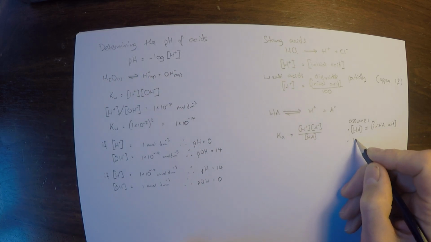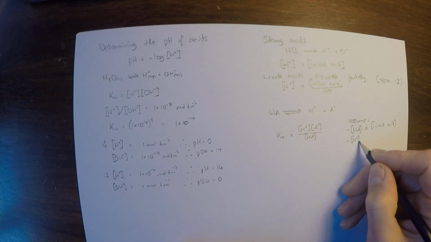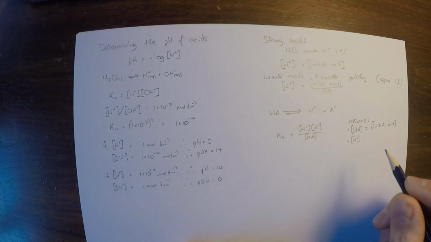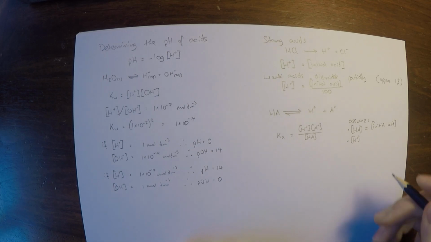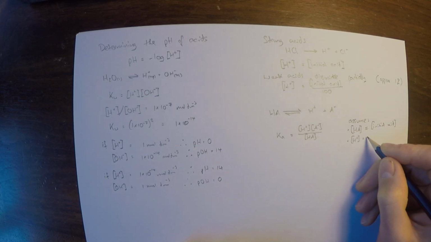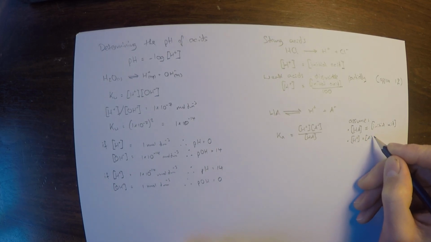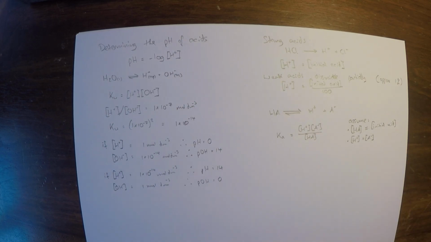So we can assume that the concentration of H+ ions is solely due to the dissociation of the weak acid, and that therefore the concentration of H+ ions is the same as the concentration of conjugate base ions. So H+ and A- will have the same concentration. So we can make these two assumptions, and these two assumptions allow us to rearrange this equation in order to determine the concentration of H+.